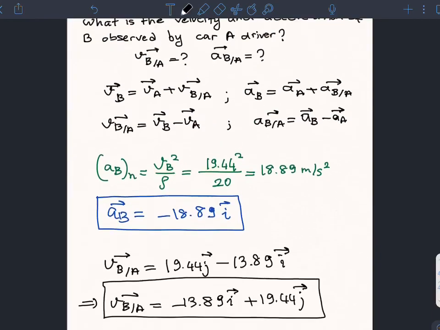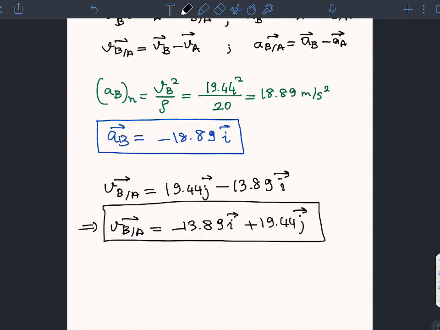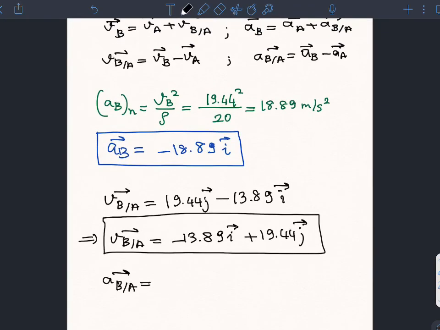Which means an observer in car A senses the velocity of B as negative in the x direction, which is the negative of its own velocity, and positive in the y direction, which is quite reasonable. And when it comes to accelerations, we can write acceleration of B with respect to A, which is AB minus AA.